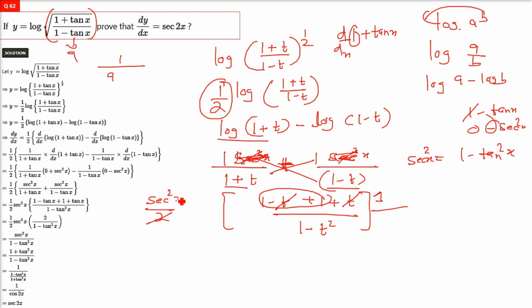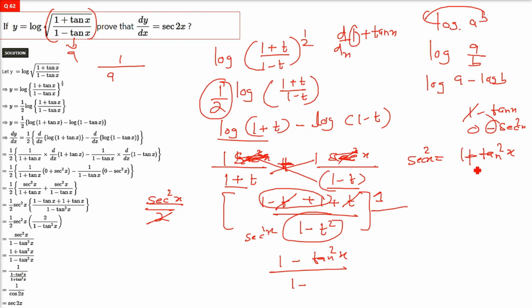Now problem here is we have to get only sec 2x. So what do we do here? We will not use that. As I told you, 1 minus tan square theta is not sec square theta. It is 1 plus tan square theta. Sec square theta is 1 plus tan square theta.